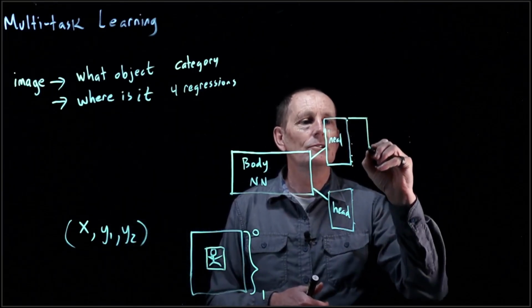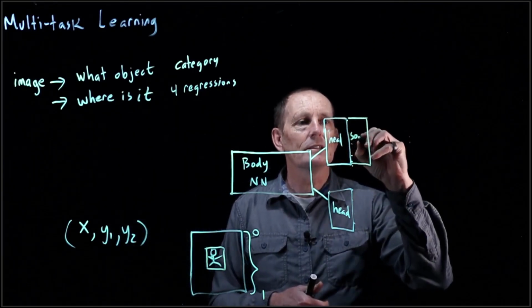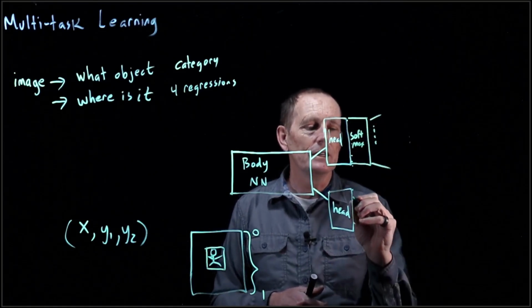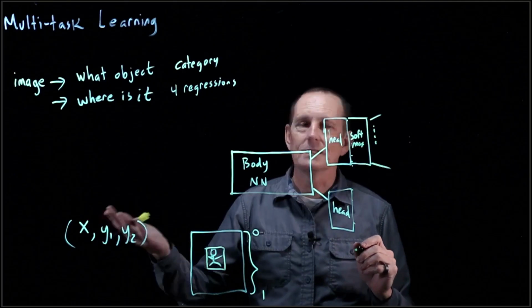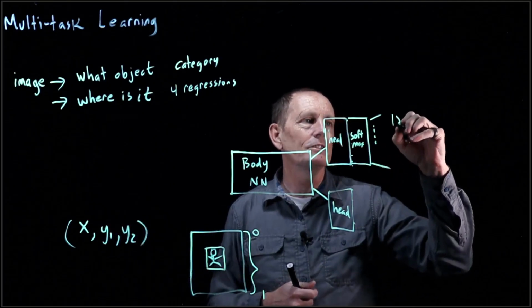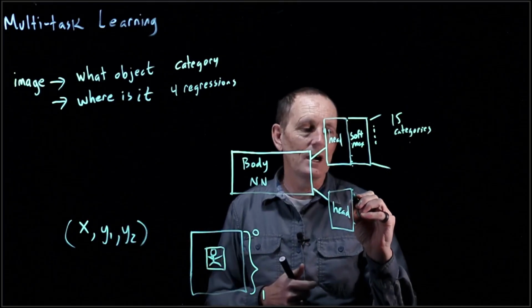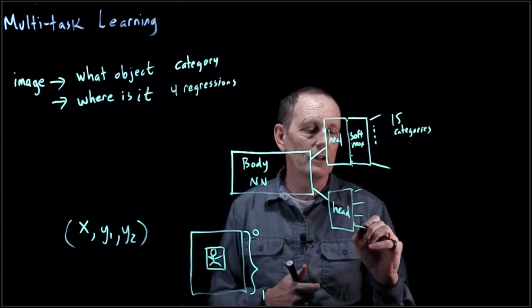Let's say here we have a softmax with some number of outputs, in this example 15 categories. And here we've got a bounding box, so we've got 4 values coming out.